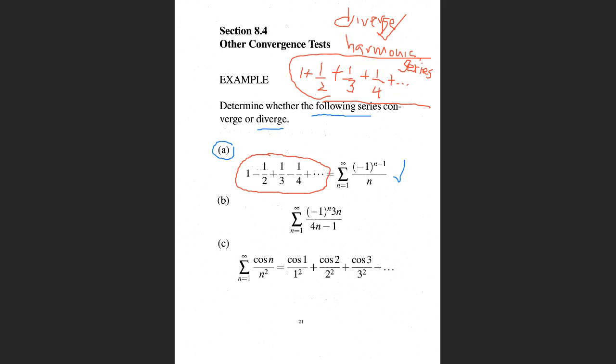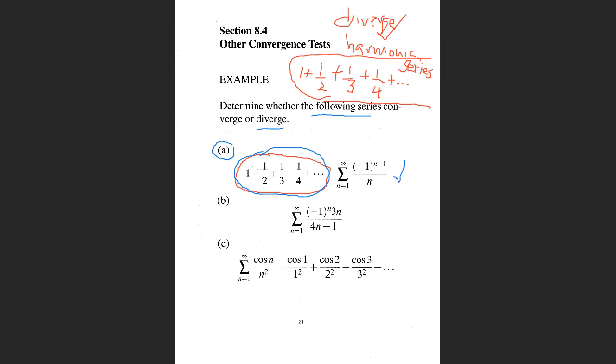What we have in series A is what's called an alternating harmonic series. The terms go plus one, minus a half, plus a third, minus a fourth, plus a fifth, minus a sixth.